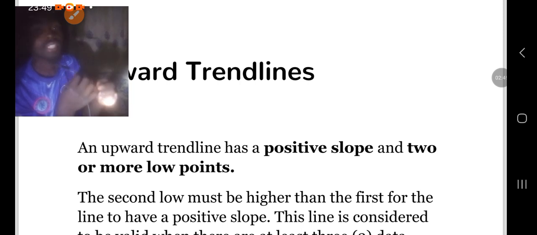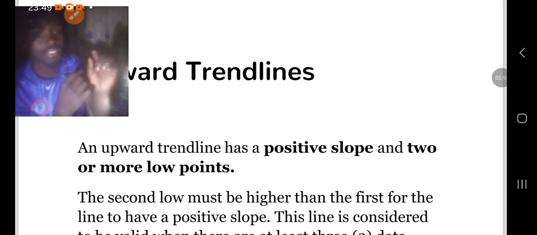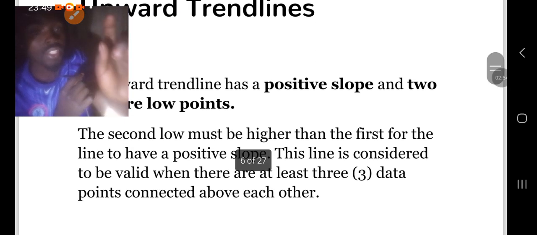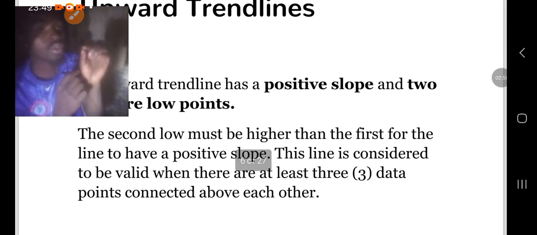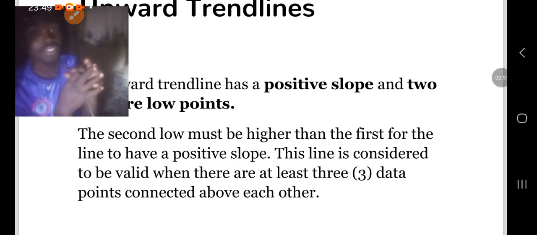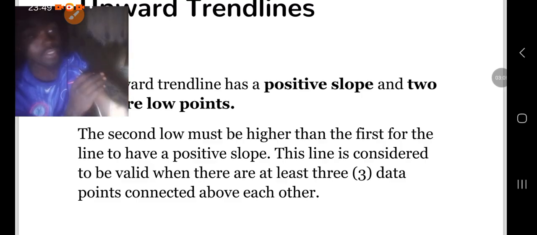An uptrend trend line has a positive slope and two or more low points. The second low must be higher than the first to have the positive slope. It is considered valid when there are at least three data points connecting with each other, right?